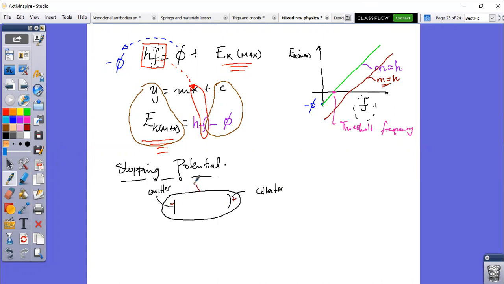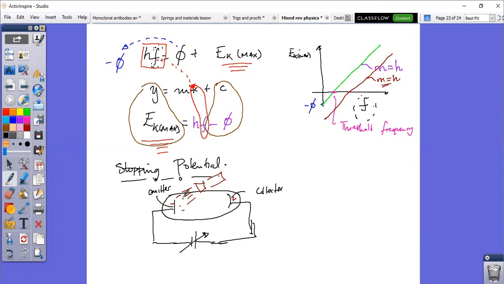And I irradiate it with EM radiation that's got energy greater than the work function. Okay. And we have this circuit like so. And I have a variable power supply. And I'll indicate that with an arrow, say it's a variable.